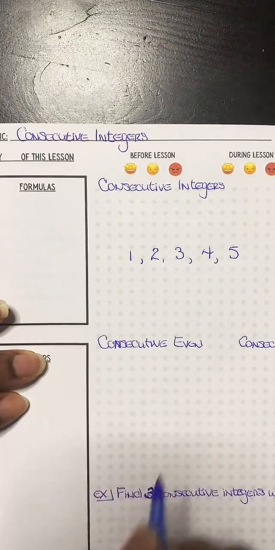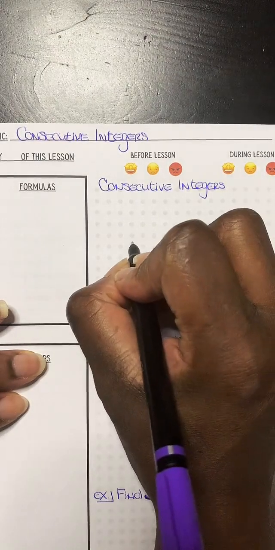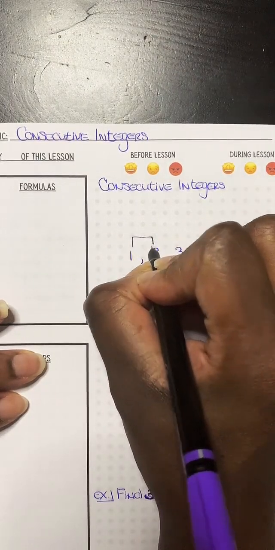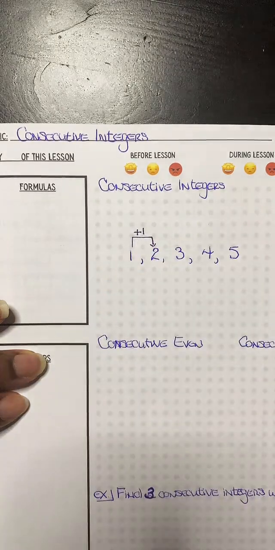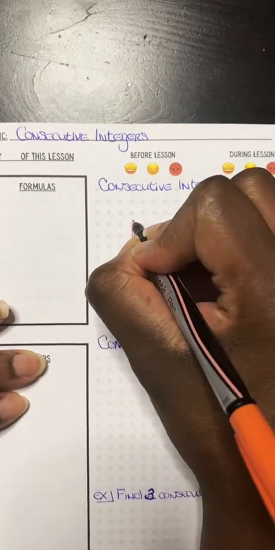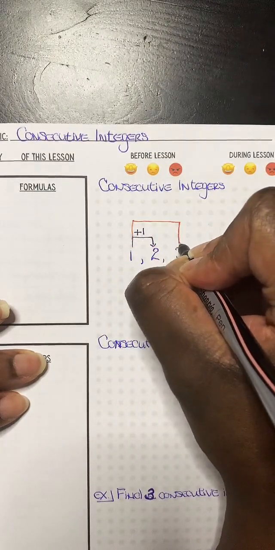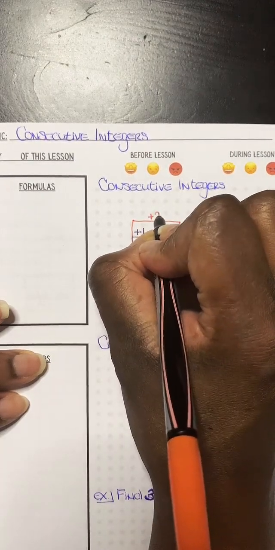So if I want to get from 1 to 2, I know I'm going to add 1. If I want to get from 1 to 3, I'm going to have to add 2.